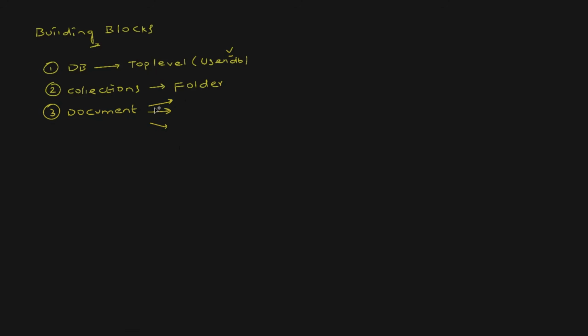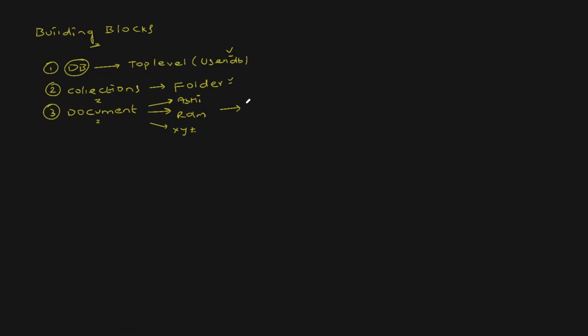You create a document for each user. So a document for, let's say, Abhi user, Ram user, and XYZ user. Each document has the complete information of the user. So basically you start with creating a database, then you create a collection to store all the documents, and then you create a document for each user.